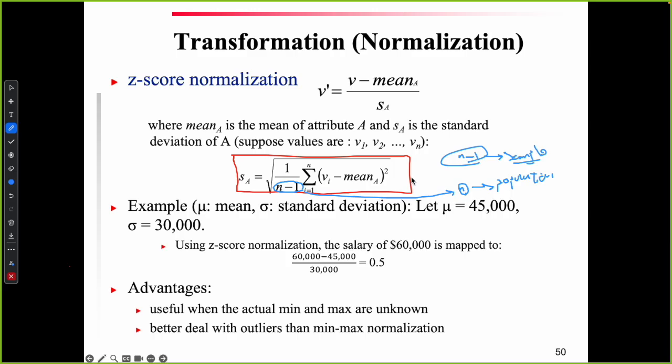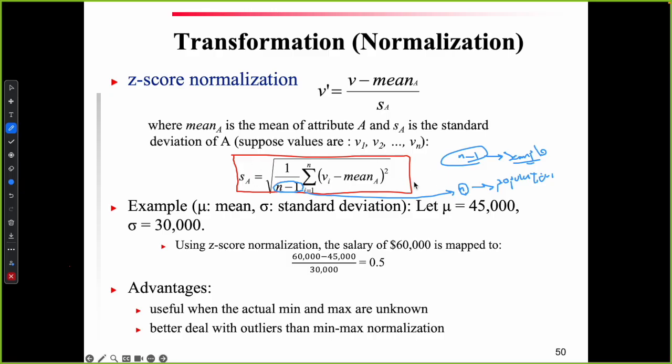By that I mean when your mean is fixed, one data value is no longer free to change. That's why we lose 1 degree of freedom. But if your data is treated as the whole population, then divide by n. In any case, in the exam I give you the formula.